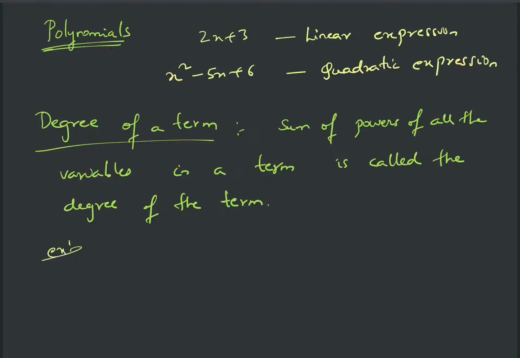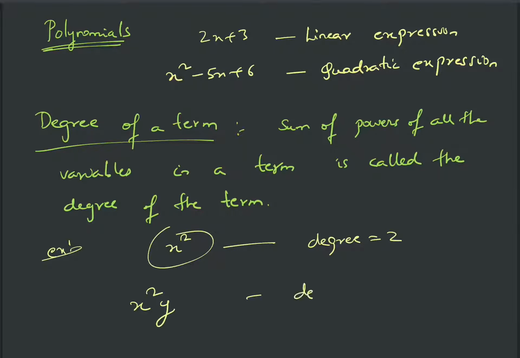For example, if I give you x square, then the degree of this term is 2, right? Degree is equal to 2. If I give you, say, x square y, then the degree is 3, because the sum of powers of all the variables is the degree of this term. The power of x is 2, the power of y is 1, and if you add, you'll get 3.